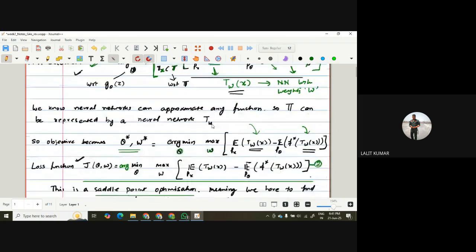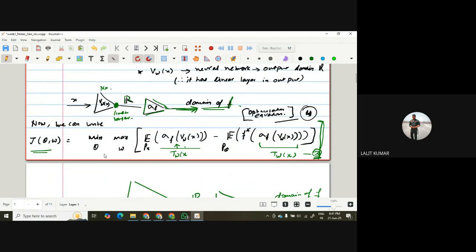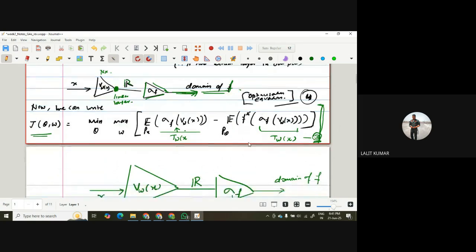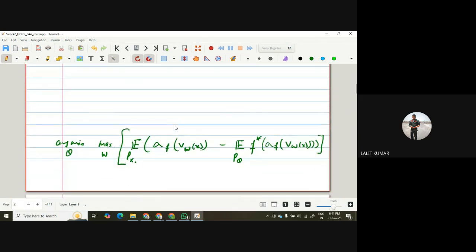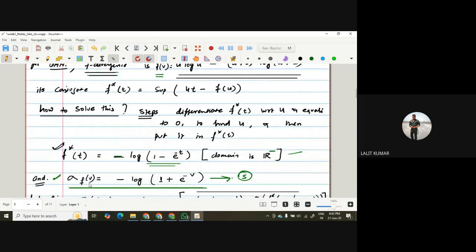So when you put this, we got this equation: min theta max W, and instead of T_W(x), we replaced it with sigma_f of V_W(x). Everything remains the same. So this is a generic equation for a VDM. Now from here, we jump to GAN. In the GAN, we use an f-divergence with f(u) equal to u log u minus (u plus 1) log(u plus 1), and for this f-divergence, the activation function is minus log of 1 plus e to the minus v.